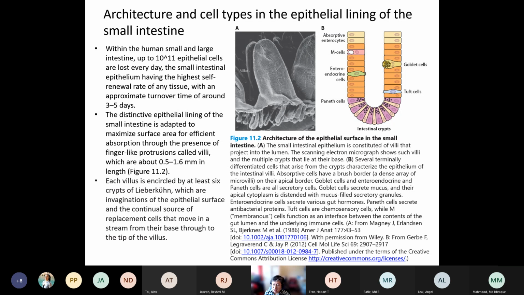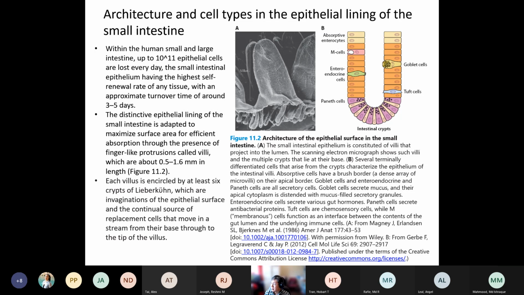Previously, I recall when we discussed the hematopoietic system, the renewal rate is about 10 to the power of 11 to 12, which is in line with the renewal rate of the epithelial cells in the small and the large intestine. So in other words, approximately every 3 to 5 days, all the cells in the epithelial lining of the small intestine will get completely replaced. That's a high rate of cell replacement.